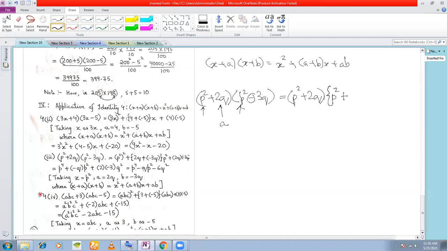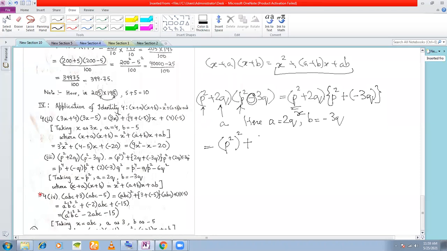Give a plus sign. And because I have a minus sign here, so now what is my a here? A here is 2q and b here is minus 3q. So now I'll use this identity. So x here is this p square. So p square square, this is x square, right?